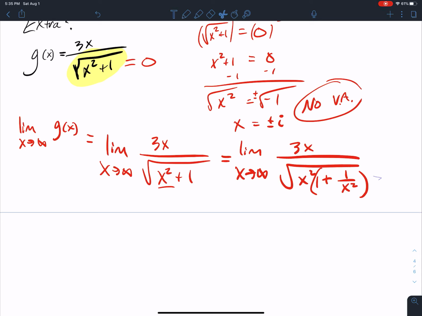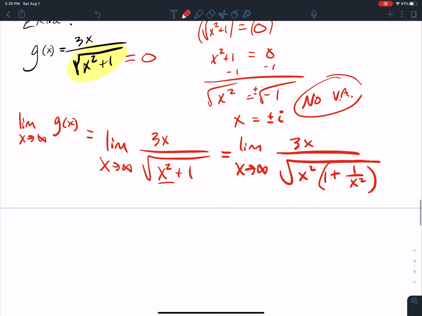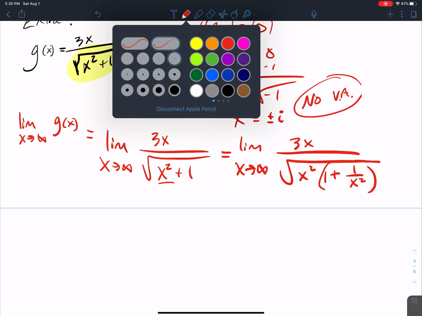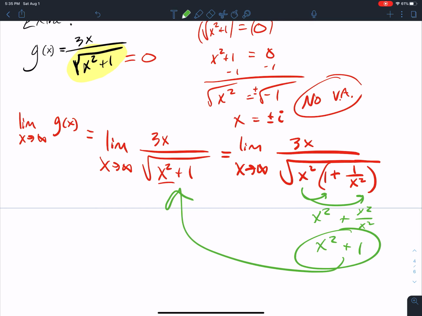So, little tricky. That's a very clever little trick, but this is a way to factor anything out of something. All you have to do to check to make sure you did it right is see if it multiplies back through. That's x squared, and then that's plus x squared over x squared, which happens to be x squared plus 1, which is what I wanted.